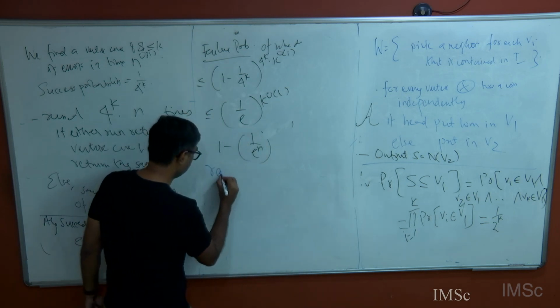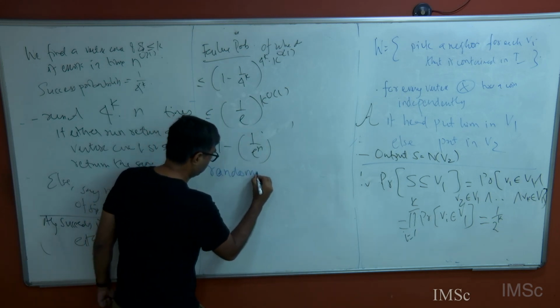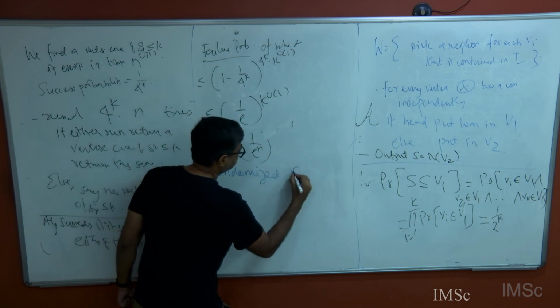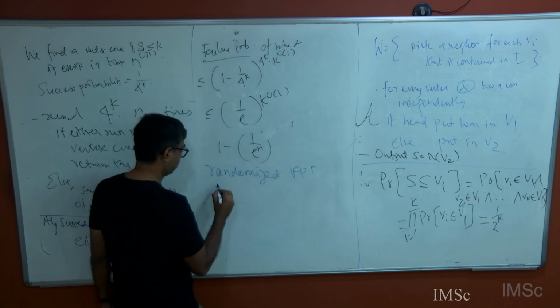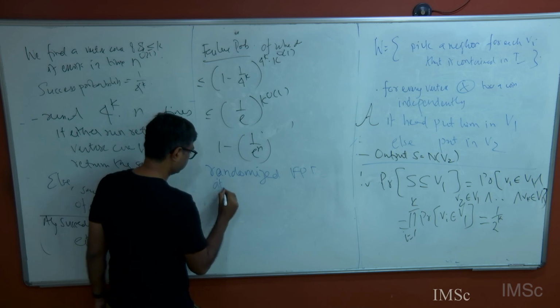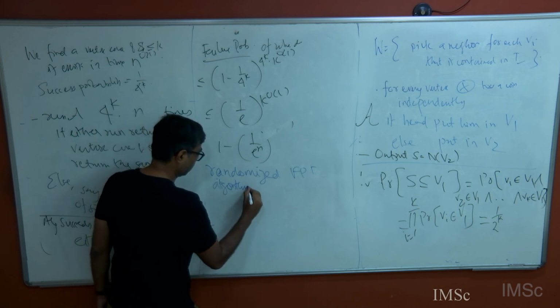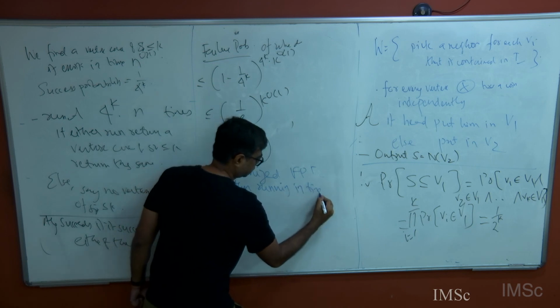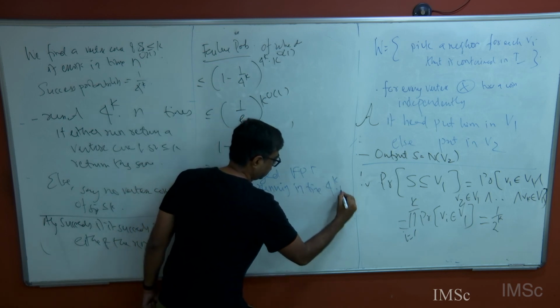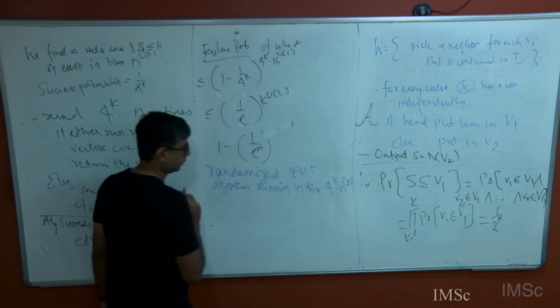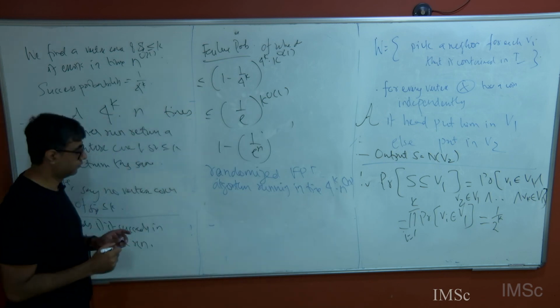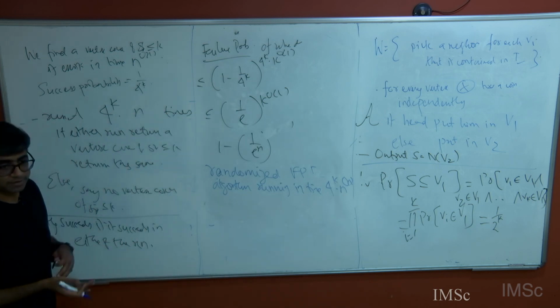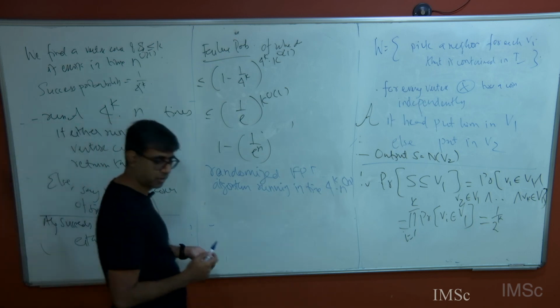So it's a randomized FPT algorithm. That's it. That's all. This is fine. Of course, we should try to design a deterministic algorithm. We will do that. Don't worry.